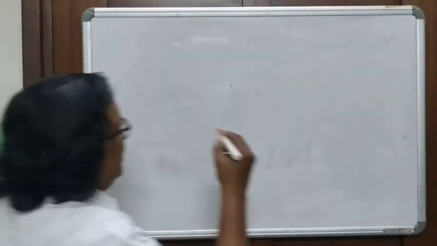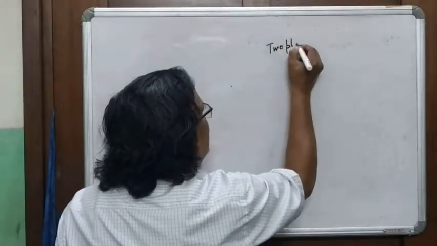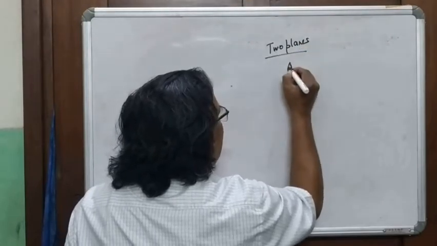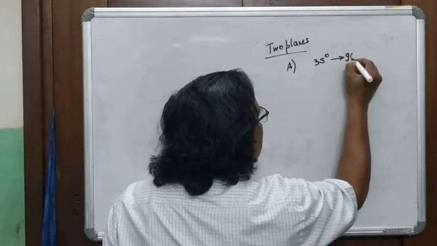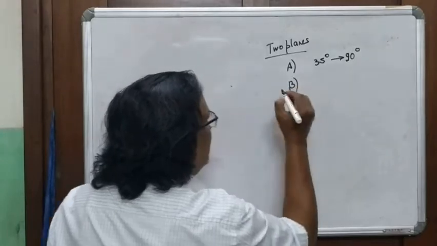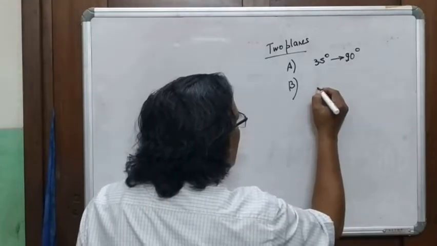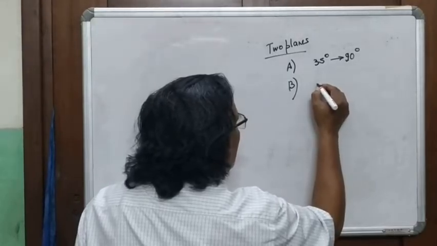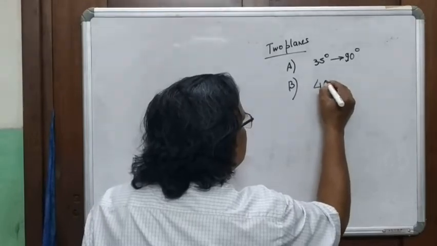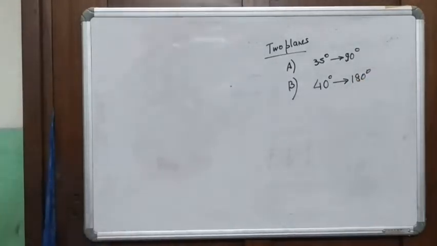Okay. There are, let's say, 2 planes. A, 35 degree towards 90 degree. B, 40 degree towards 180.